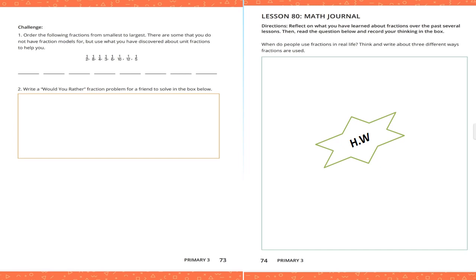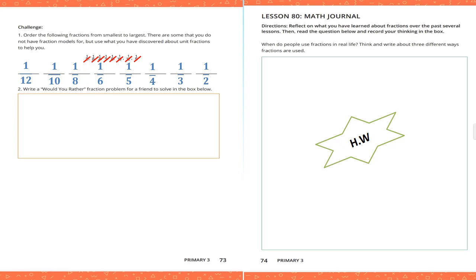All of these fractions have 1 in the numerator, so the largest denominator will be the smallest fraction. 1 over 12, 1 over 10, 1 over 8, 1 over 6, 1 over 5, 1 over 4, 1 over 3, and the last one, 1 over 2.